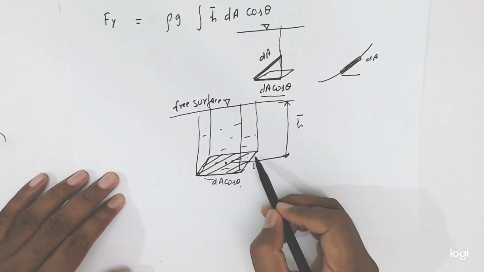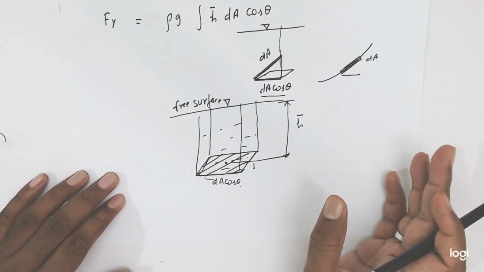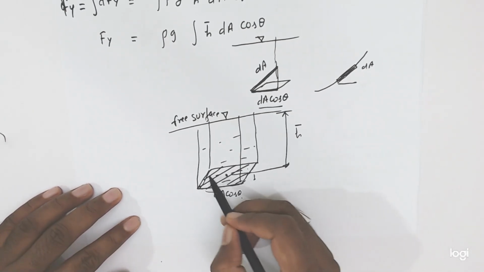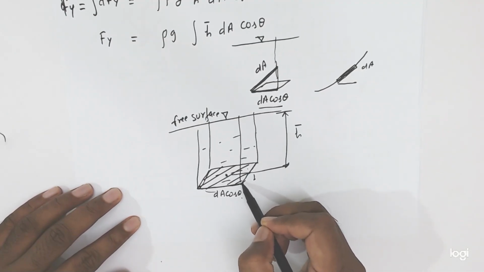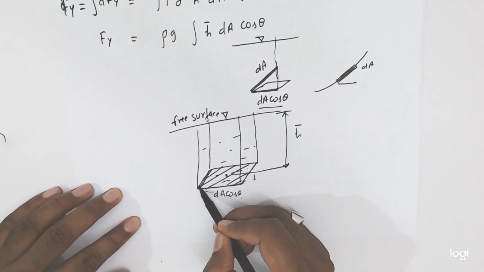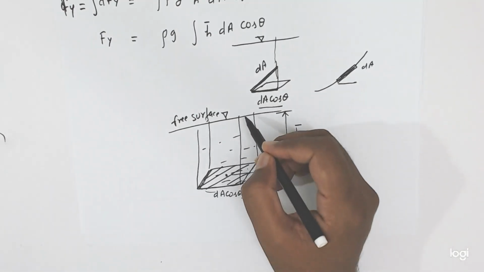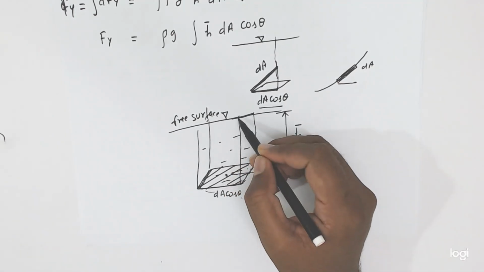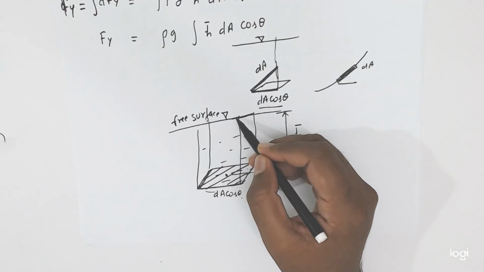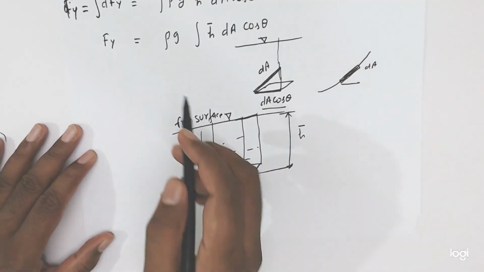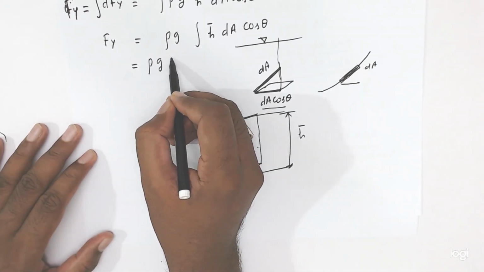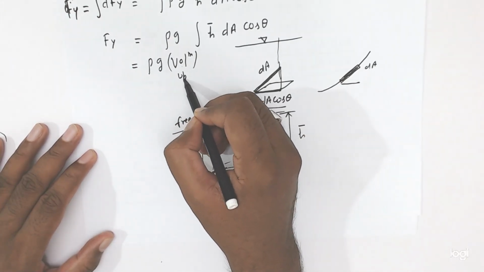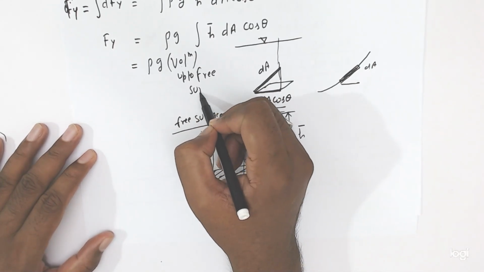So क्या होगा friends, area into height, we are getting the volume. तो जो टोटल होगा यह एक वॉल्यूम को डिनोट करेगा। वॉल्यूम कहां से कहां तक? सरफेस टू the surface level, up to free surface, जितना भी इसके ऊपर वॉल्यूम होगा उसको हम कंसीडर करेंगे फॉर वर्टिकल फोर्सेस। It means friends, here rho g into volume up to free surface.